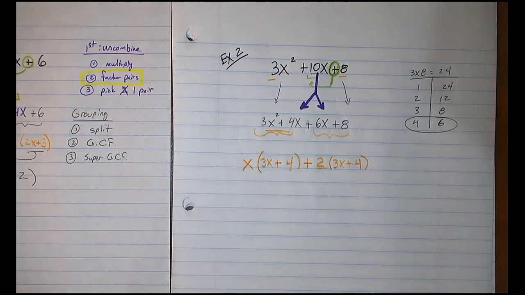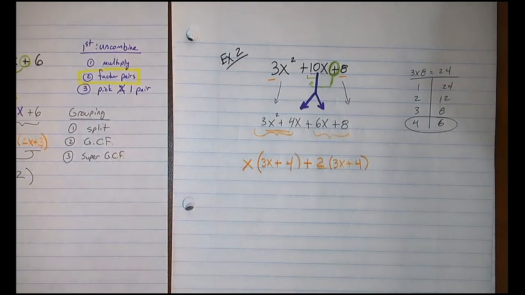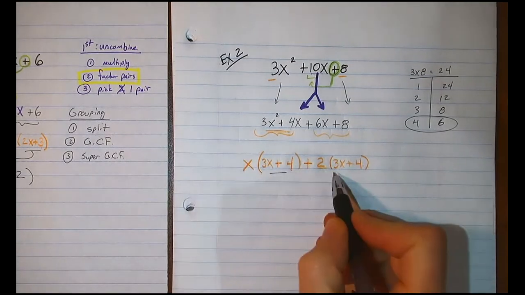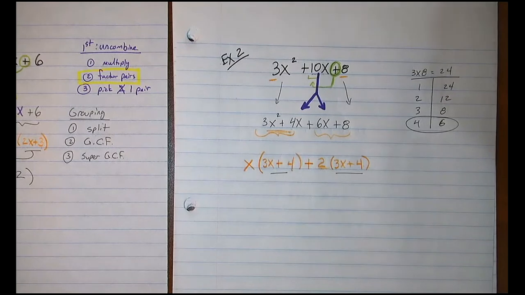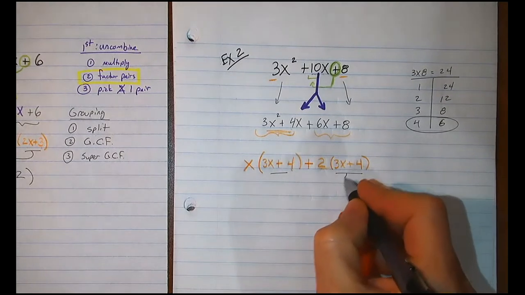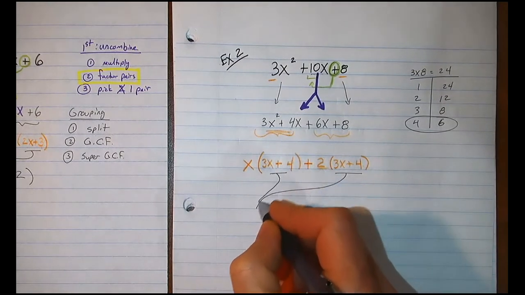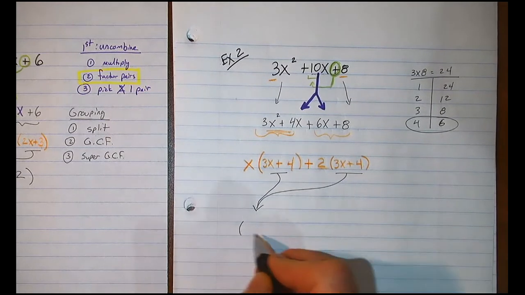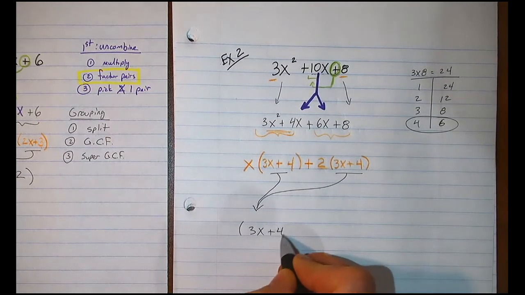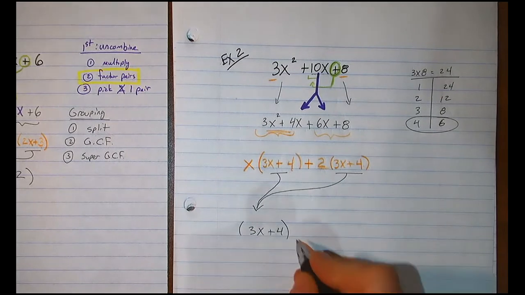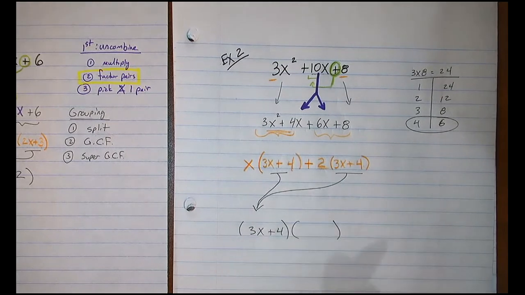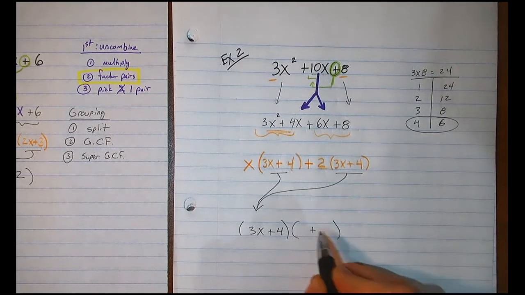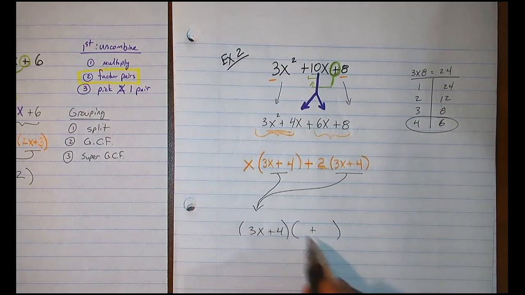All right, so I'm done now with step 2. I move on to step 3. My super greatest common factor, my super GCF, is that great big giant thing in those parentheses. So I'm going to undistribute that thing and rewrite my 3X plus 4. And then make a new set of parentheses where I write down the stuff that this got distributed to.